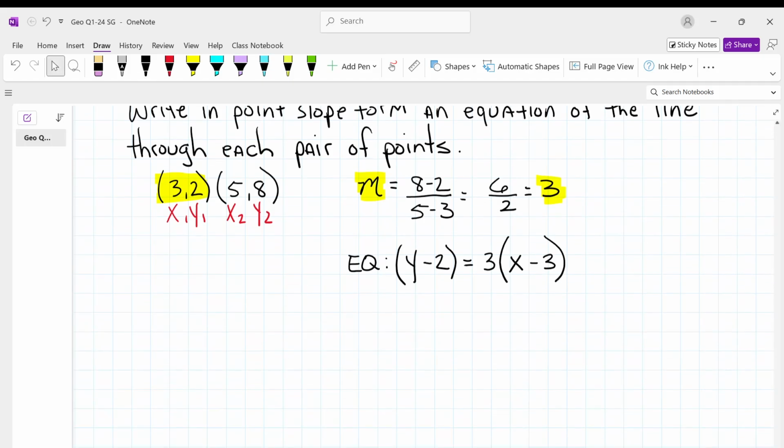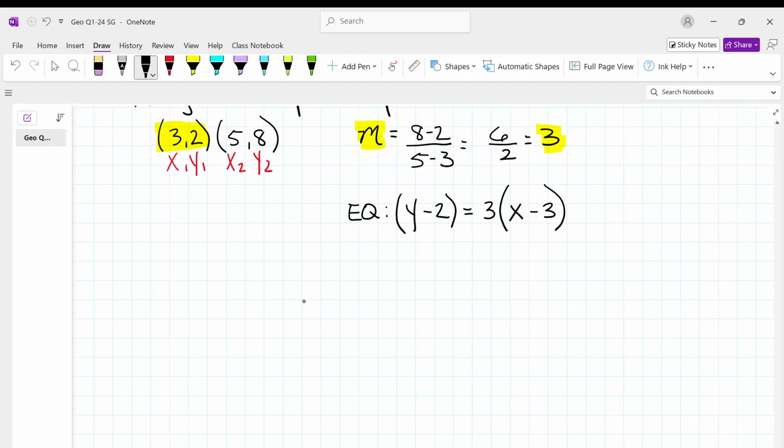All right, so let's look at another one of those. Now we're given the point, let's say we're given negative 2, negative 5, and 4, 9. So again, label the points, x sub 1, y sub 1, x sub 2, y sub 2.